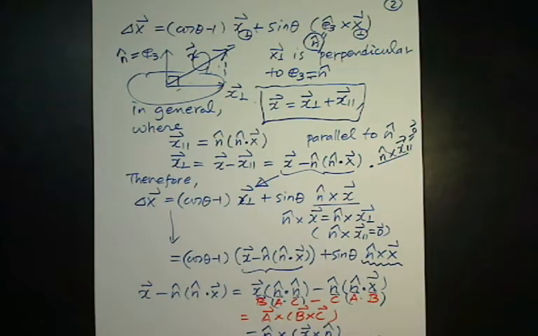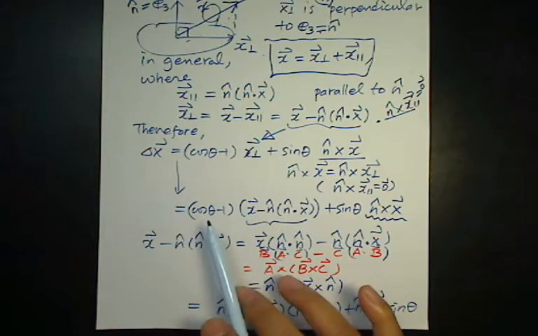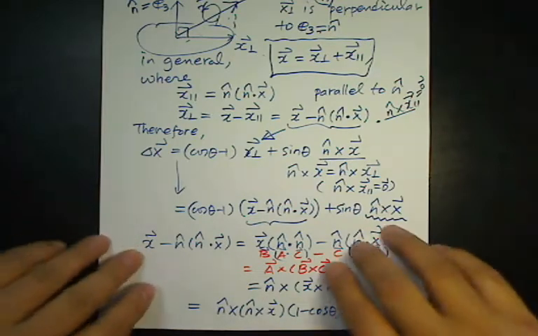Therefore, a and c are n hat, b is x. Therefore, we can replace this one with n cross x cross n. But if I exchange these two, we have n cross x, and this cosine theta minus 1 becomes 1 minus cosine theta. Right? This is the complete expression for the finite rotation about the axis n hat.